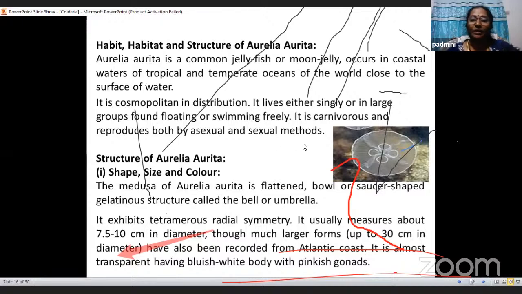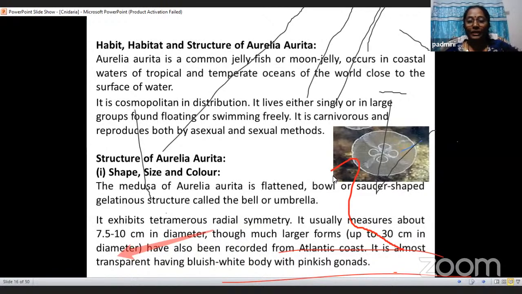Reproduction: both asexual and sexual reproduction. Shape: they are flattened, bowl or saucer shaped, gelatinous structures. Gelatinous means sticky, and the body is also called bell or umbrella shaped. Exhibits tetramerous radial symmetry. You can see that radial symmetry over there. Tetramerous: tetra is 4, tetramerous radial symmetry.